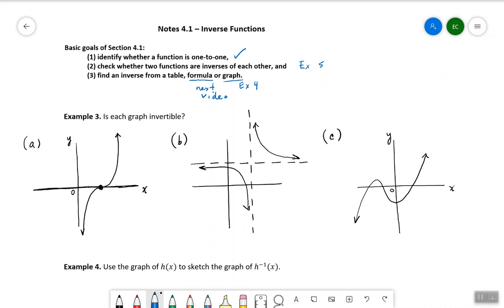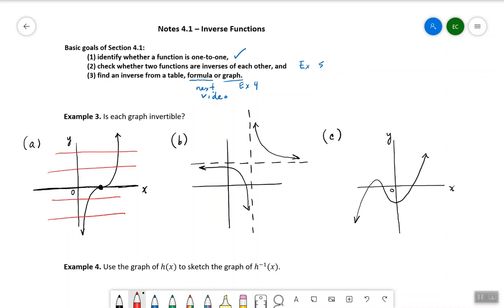Okay, so example 3, is each graph invertible? Remember, to be invertible, the graph just has to be one-to-one, or it has to pass the horizontal line test. And so if we imagine horizontal lines across this first graph, you see that everywhere we draw a horizontal line, it only hits the graph one time.